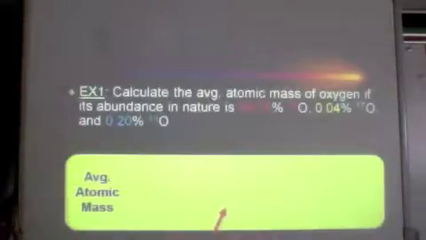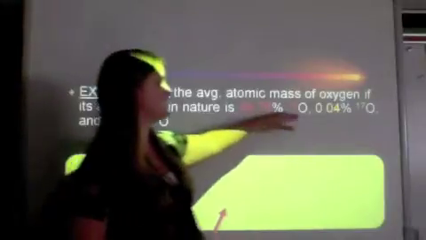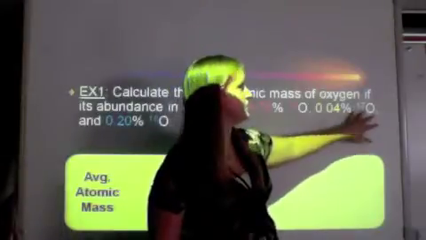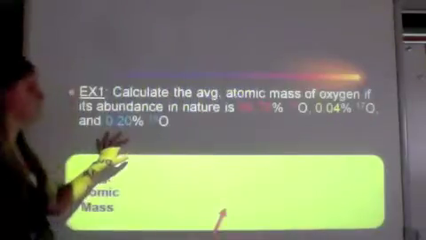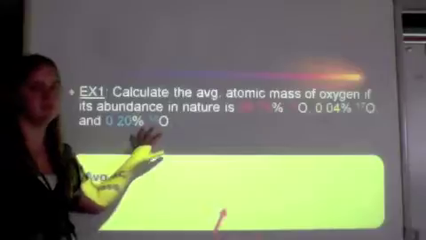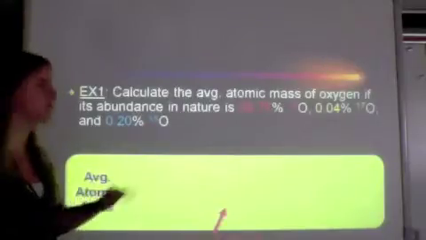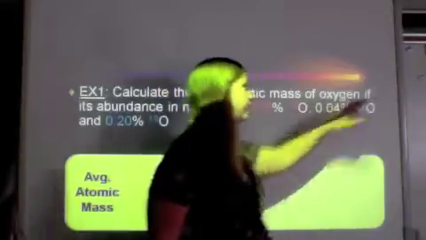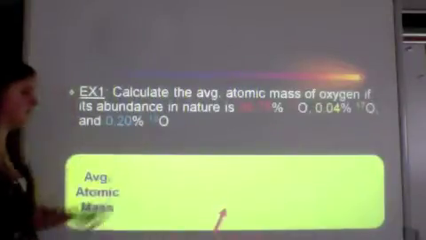So example, calculate the average atomic mass of oxygen if its abundance in nature is 99.76% oxygen 16, 0.04% oxygen 17, and 0.20% oxygen 18. So all you're literally going to do, this times this, plus this times that, plus this times that.